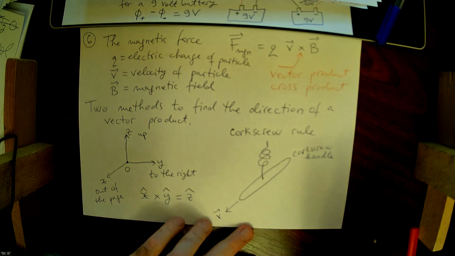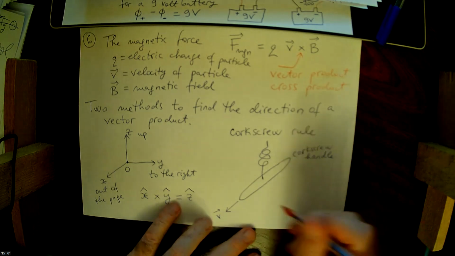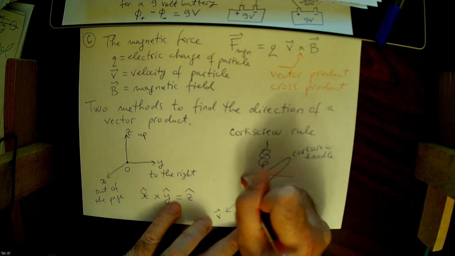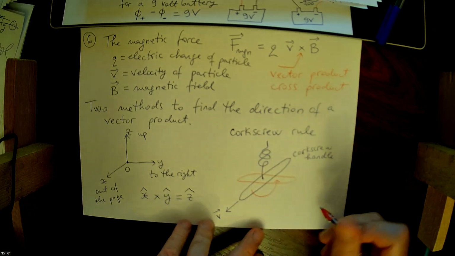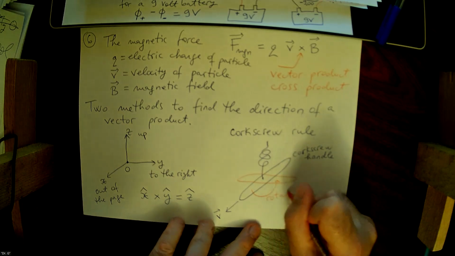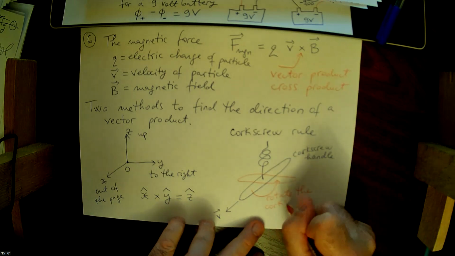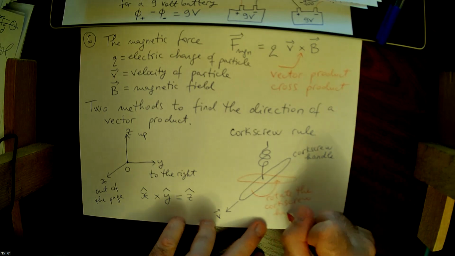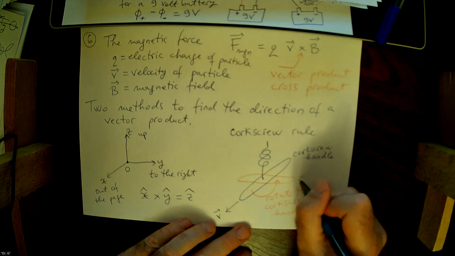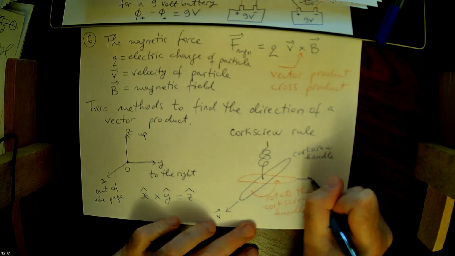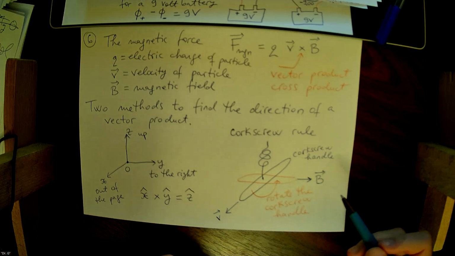And you rotate the corkscrew handle in such a way that now the handle points in the direction of the second vector in the vector product, in my case, the magnetic field.